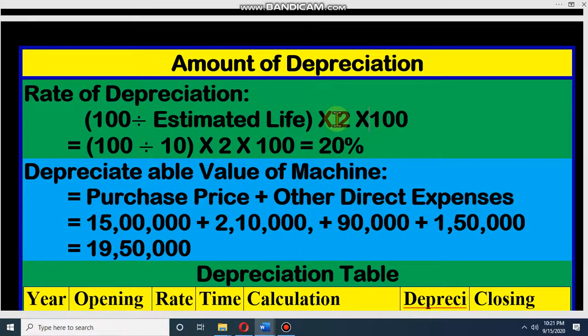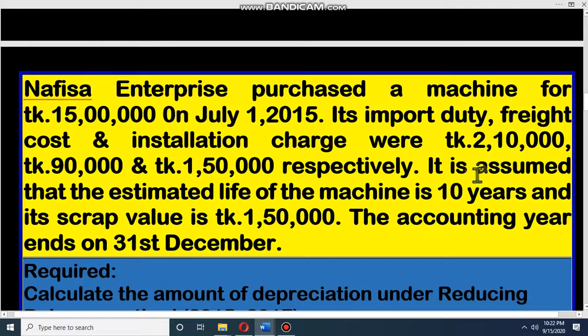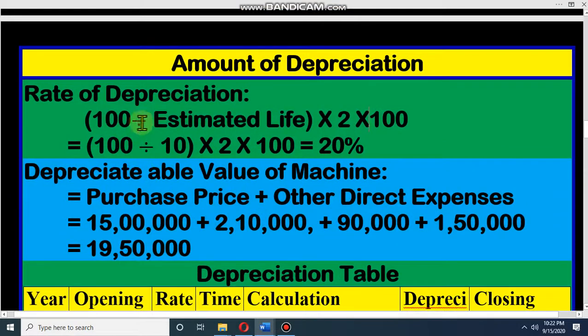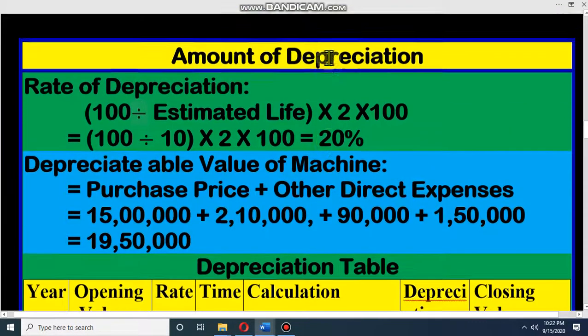This is the formula of depreciation under the reducing method. In the question, the estimated life of this asset is 10 years. So 100 divided by 10 into 2 means 20%. This 100 is for percentage. We have a 20% depreciation rate.